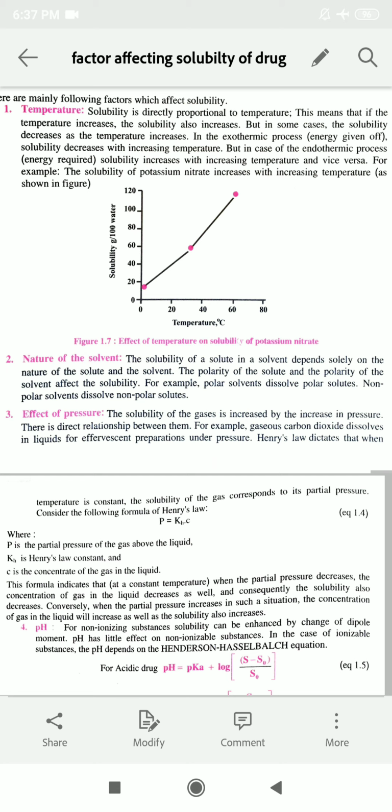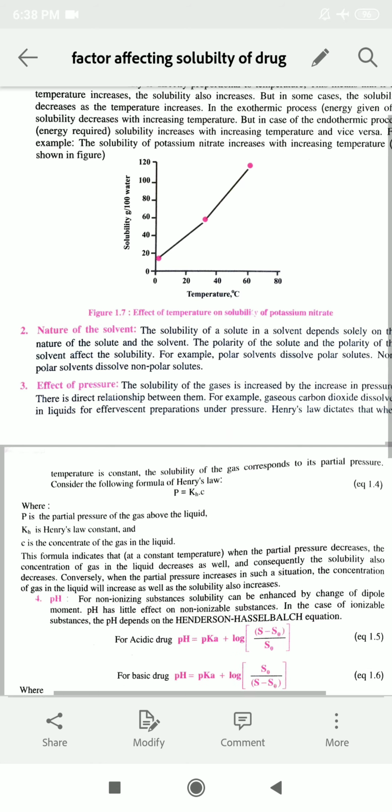If we increase the pressure, the solubility of the gas will increase. For example, carbon dioxide dissolved in a liquid for effervescent preparations under pressure. These effervescent preparations are mainly used in cool drink bottles, where pressure is applied.